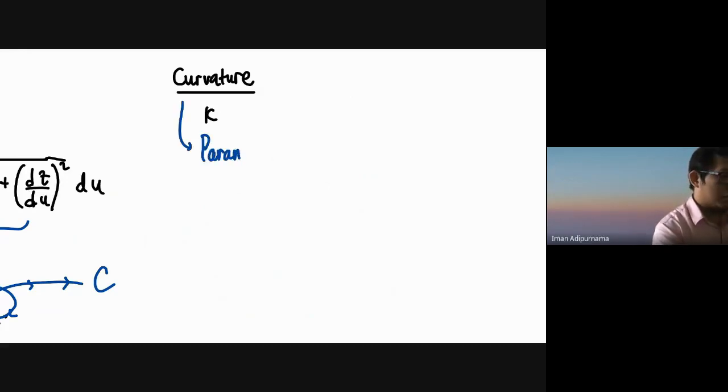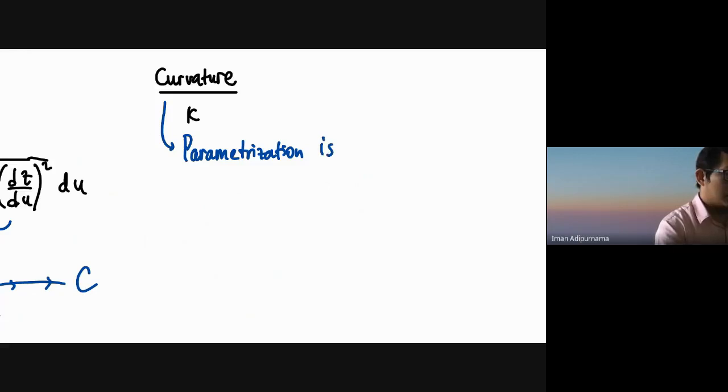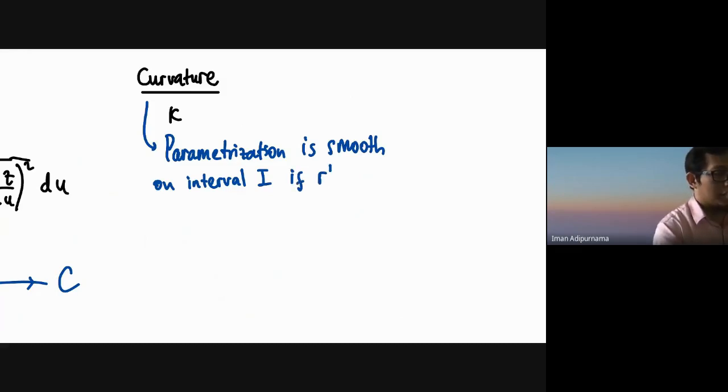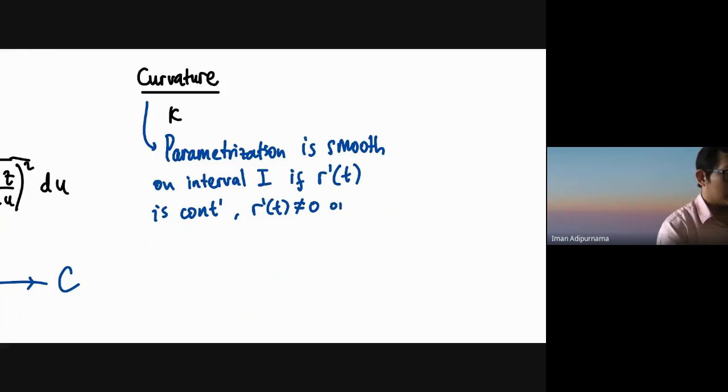We call the parameterization, as we did before, smooth on some interval, let's say interval I, if the r prime is continuous and the r prime is not equal to 0 on the interval I.